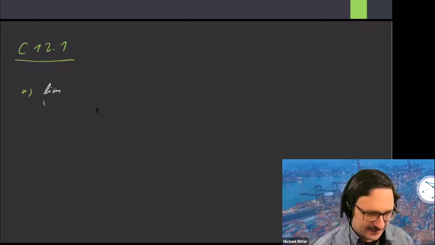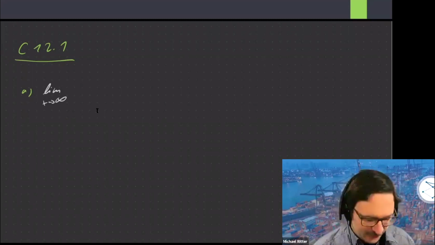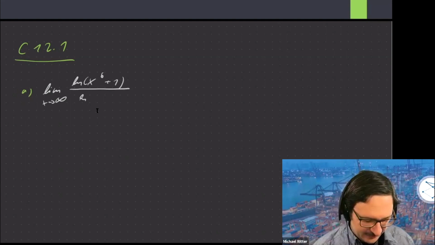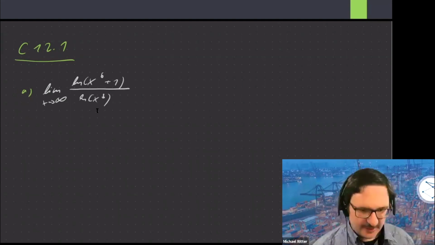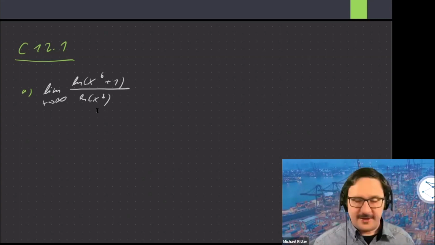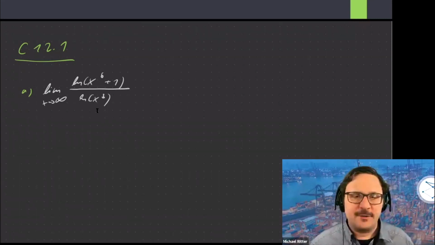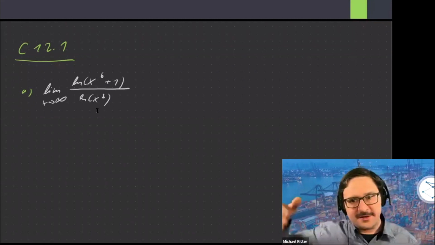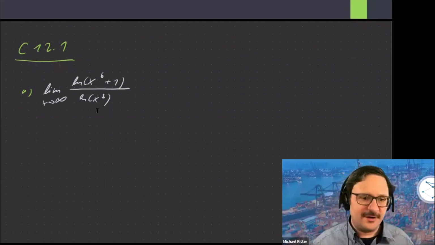We have x tending to infinity, and we want the limit of ln of x to the power of 6 plus 1 over ln of x to the power of 3. As you know, with x tending to infinity, x to the power of 6 tends to infinity, and the ln of something that tends to infinity also tends to infinity.